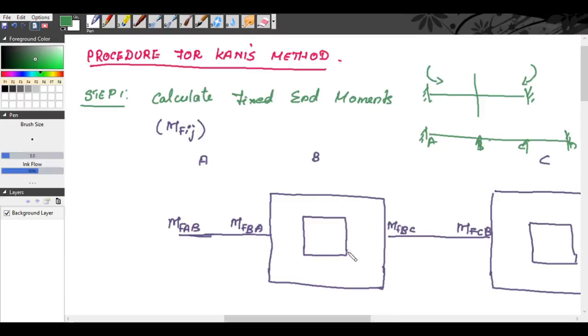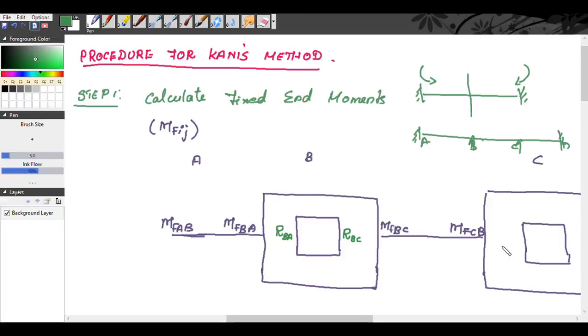So this is the first circle, the inner box, right? For joint B, you will have the rotational factor for BA and BC, so you write the rotational factor RBA here and rotational factor RBC here.